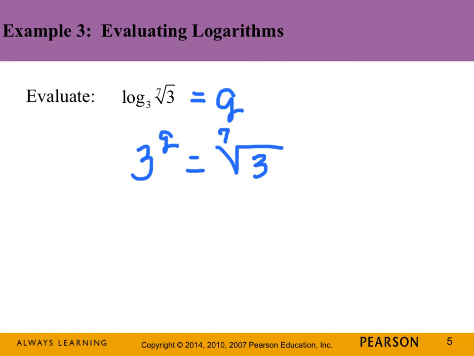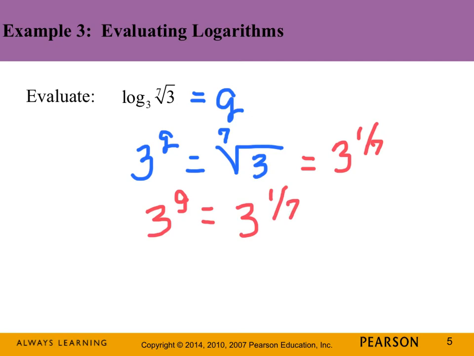Okay, well, the 7th root of 3, how can we rewrite that in exponential form? Isn't that just 3 to the 1/7 power? Oh, so we have 3 to the g power equals 3 to the 1/7. Well, then it's pretty easy to see that in this case, g equals 1/7.